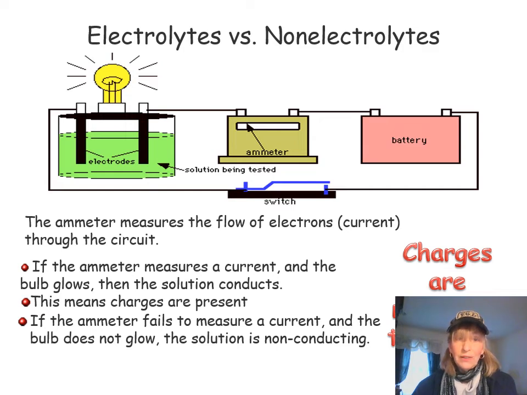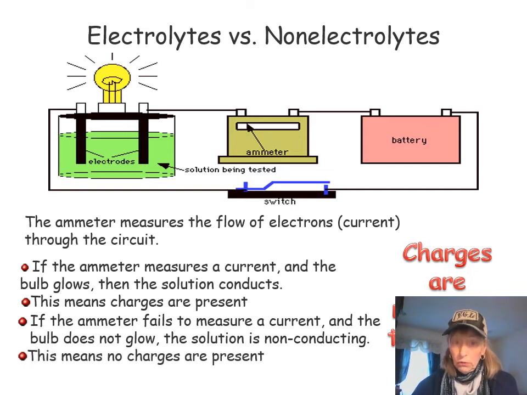If the ammeter is in fact measuring a current and that bulb glows, that means, again, charges are present. If the ammeter fails to register, that means that you're not measuring a current, and that means that there are no charges present.